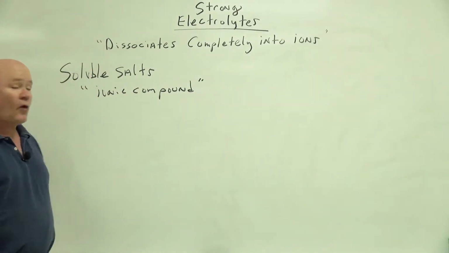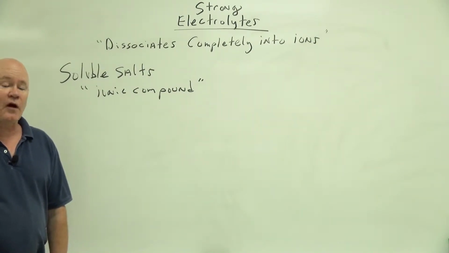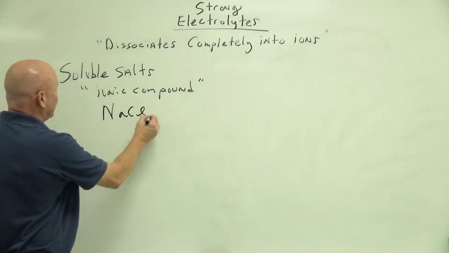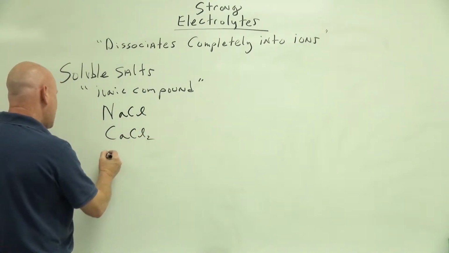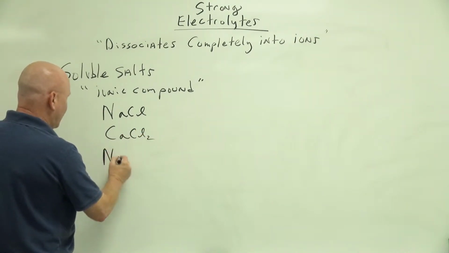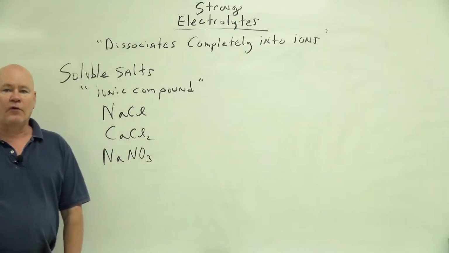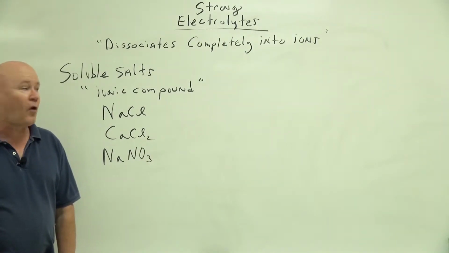So if it's soluble, that means it dissolves, and when it dissolves, it will dissolve completely and dissociate completely into its ions. Examples of soluble salts are sodium chloride, calcium chloride, sodium nitrate. There are all sorts of soluble salts. How can you tell if it's a soluble salt? When you stir it in and it's a salt, it dissolves.